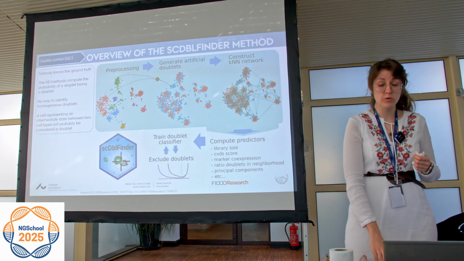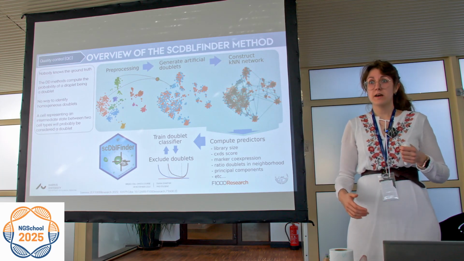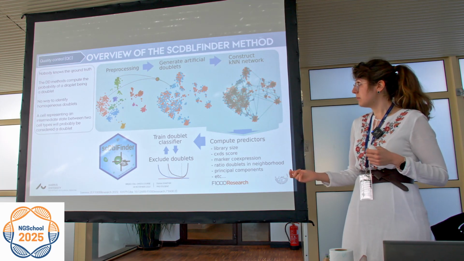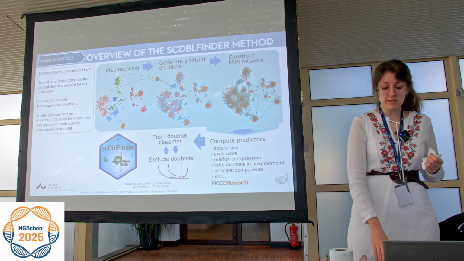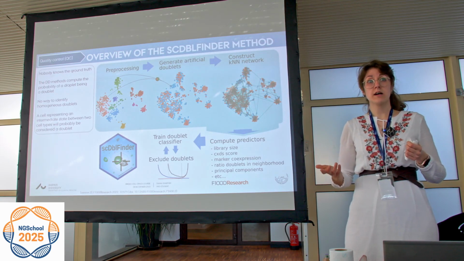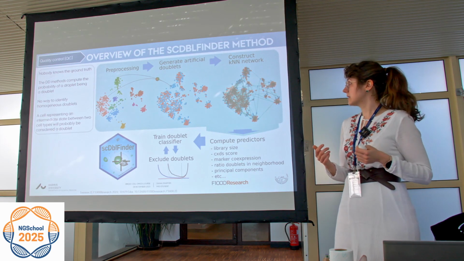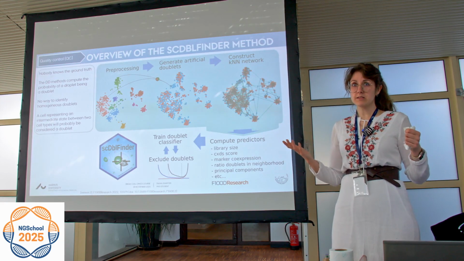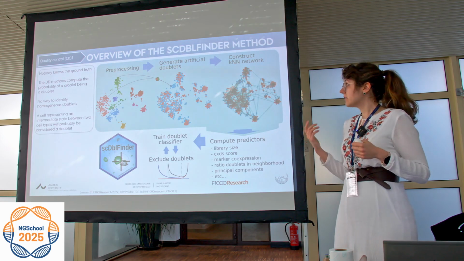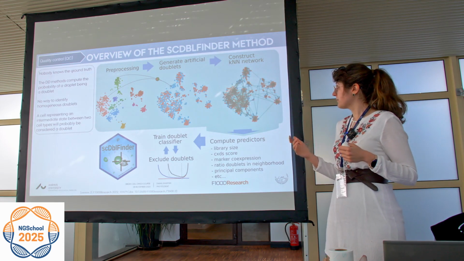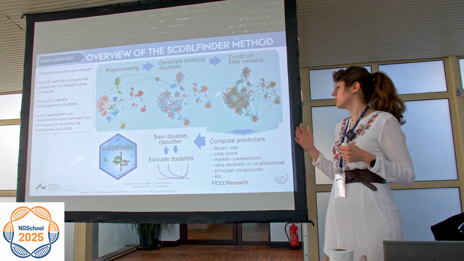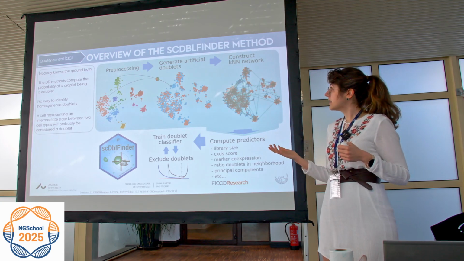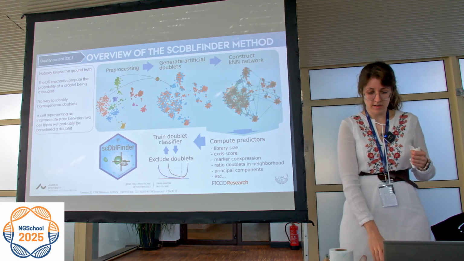It's up to you as an analyst to identify if you really found doublets, or if it's just a specific cell type with higher feature and higher count. For example, cells with stem cell properties have a higher diversity of genes expressed, up to 10,000, and a higher amount of unique UMIs, and therefore they can be considered doublets.